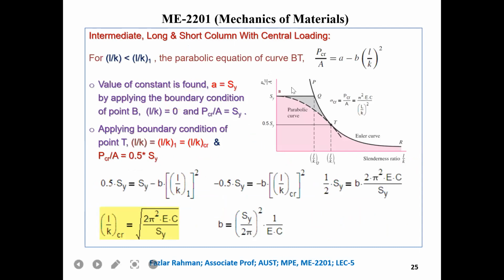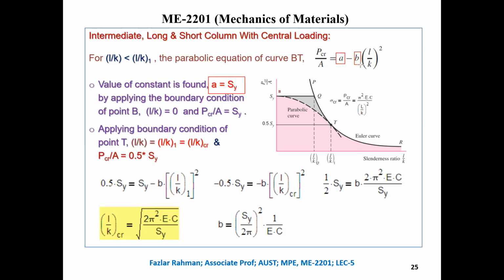Right over here, we found A equal to this much. Now, we need to figure out the constant B. This value we found. We need to figure out B. But you remember one thing: point P is in the same two curves, the common point.